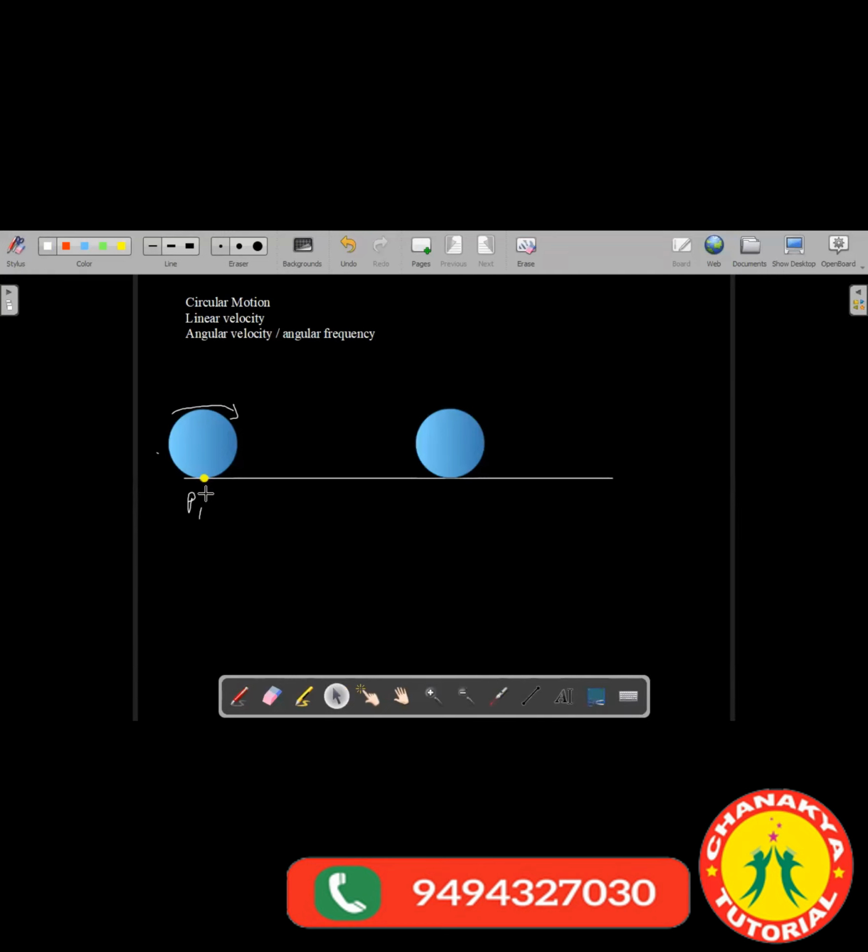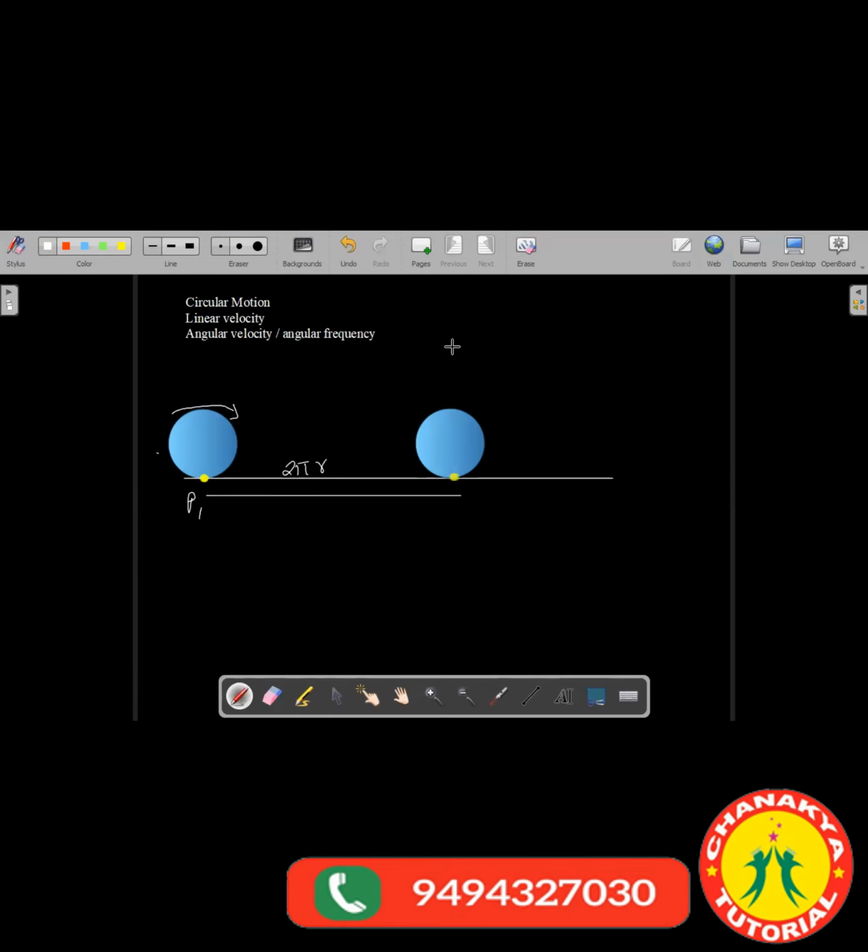Yes, sir. So if it has traveled a distance of 2 pi r, this is the distance traveled when it has completed one rotation.